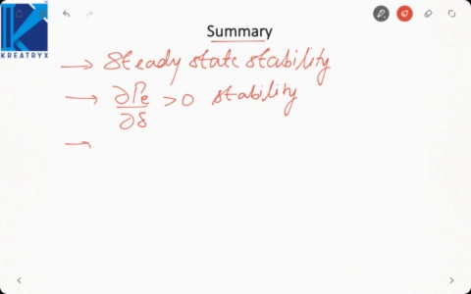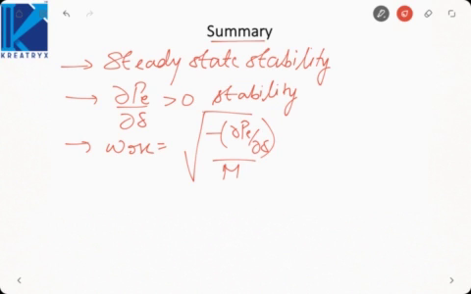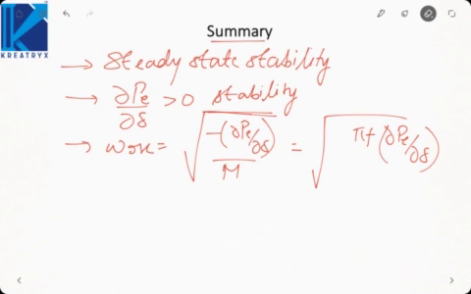Then we derived the frequency of oscillation, which is equal to under root minus del P by del delta divided by M, or it was under root minus pi f del P by del delta. So minus will not be there because it will be converted to J upon H, where this value will be in Pu. This was the frequency of oscillation.